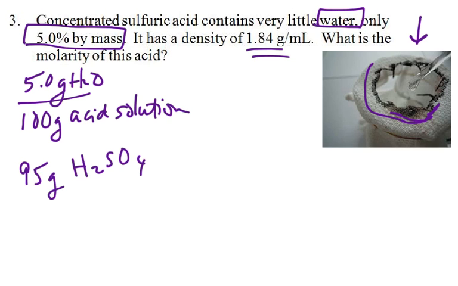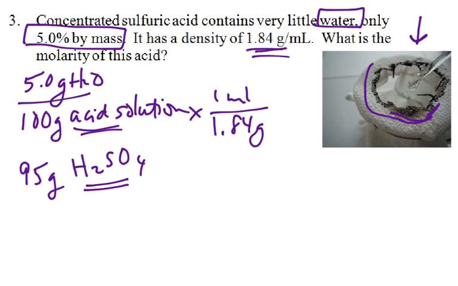We don't care. But we do have 5 grams of water, we do have 95 grams of sulfuric acid, and we have 100 grams of solution total. Now, using our density, let's change our 100 grams into milliliters. And we can further go from milliliters into liters. So we could get the volume of our acid solution.